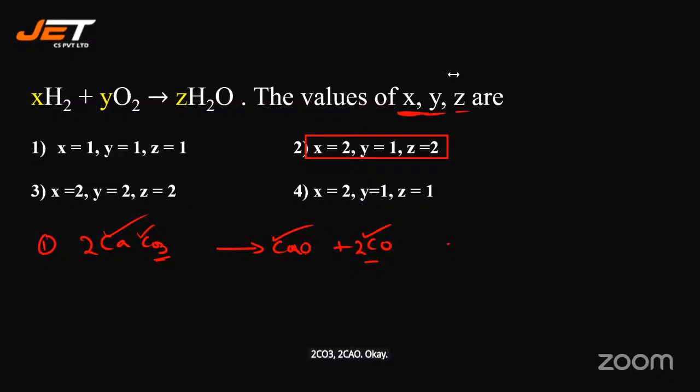Okay, that is what I have put. 2 CaCO3 and 2 CaO. If it is 2 CaO, then calciums are matching. Carbon is matching. Oxygens are 6 here. Here 2 oxygens and here 2 oxygens. Only 4 oxygens are there. Oxygens are not balanced, no?